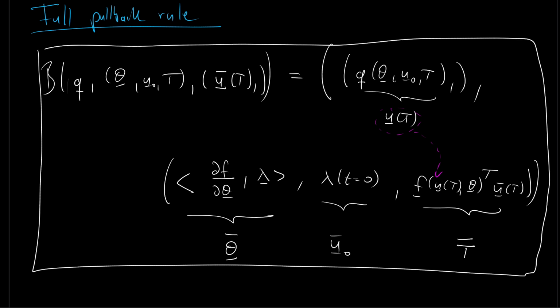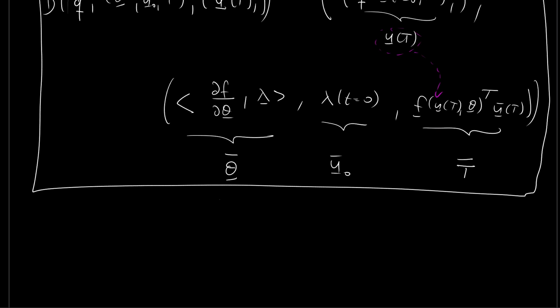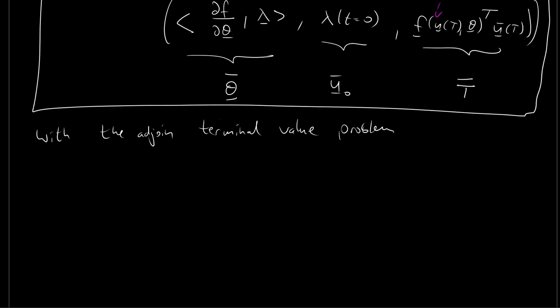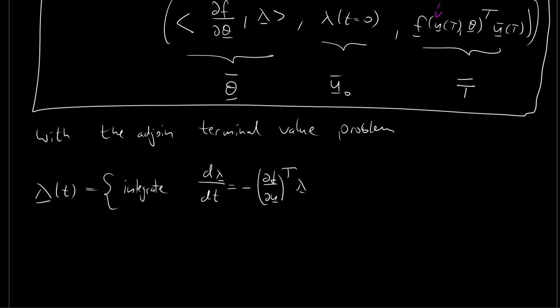This of course leaves out the detail on how to obtain the adjoint variable, but we know this is the adjoint terminal value problem. Recall that lambda of t, so the full trajectory of our adjoint variable, is given as the integration of the adjoint problem, which was d lambda by dt is minus df by du transpose lambda, so a Jacobian transpose vector product, with lambda at t equals capital T being given as u bar at capital T, over t in capital T to 0.